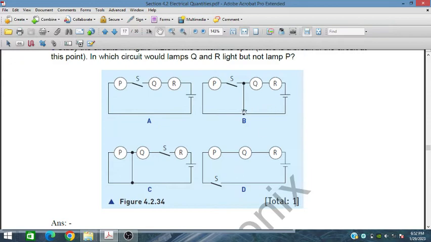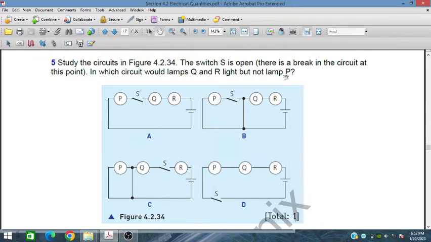It is circuit B. Whenever the switch is open, there is a break in the circuit. In which circuit would lamps Q and R glow but not lamp P? In this circuit the switch is open everywhere, so the circuit is incomplete.